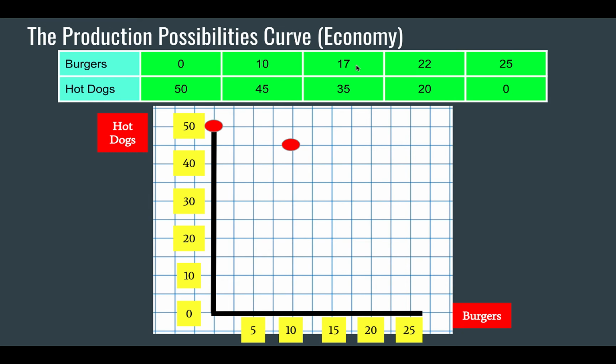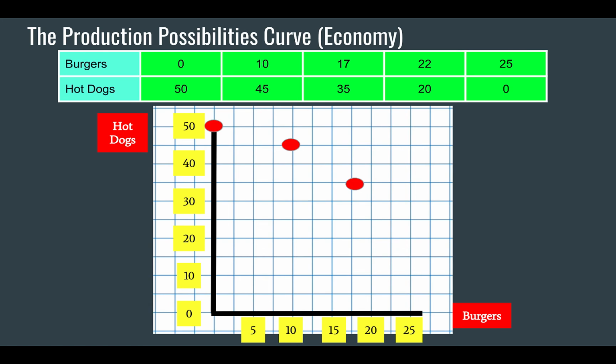Now, moving on, we don't get it as perfectly on the lines, but if we devoted some more factors of production towards the production of burgers, and as such that means we would have to take those existing factors of production that were making hot dogs and use them in their alternative use to producing hamburgers, we would get 17 burgers and 35 hot dogs. And I believe that's in and around there.